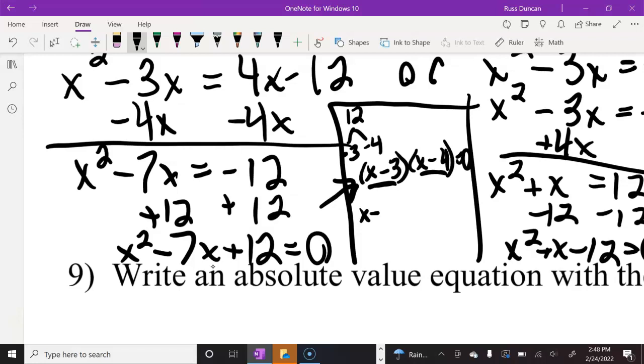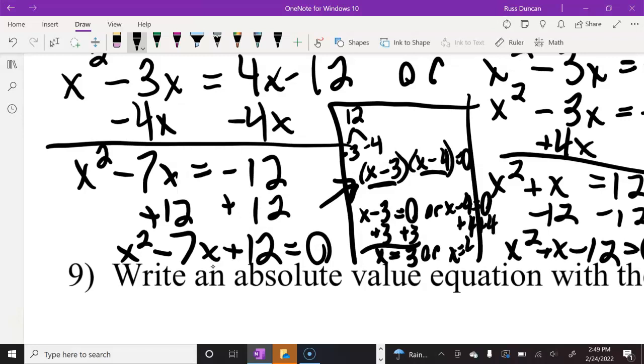So you can say x minus 3 could equal 0, or x minus 4 could equal 0, and solve. So x could be 3, or x could equal 4.